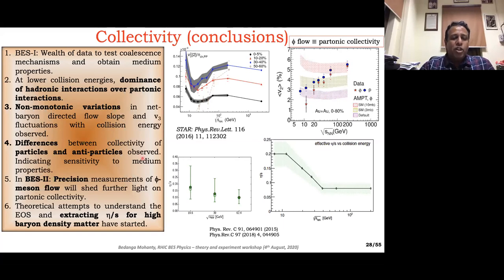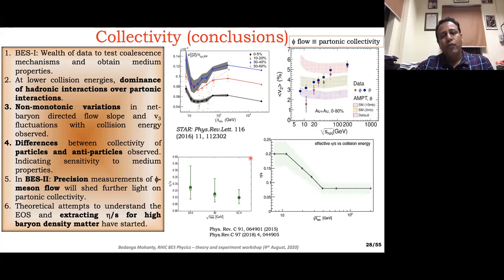We now have theoretical attempts looking at the data to understand the equation of state and extract the eta by S. 2 such calculations are shown here, and the eta by S extracted from these theory calculations seems to increase as you dial down the energy in the BES regime. So these were some of the findings from the collectivity.